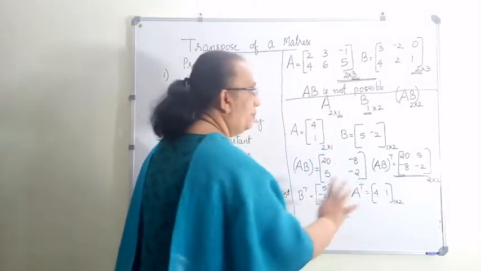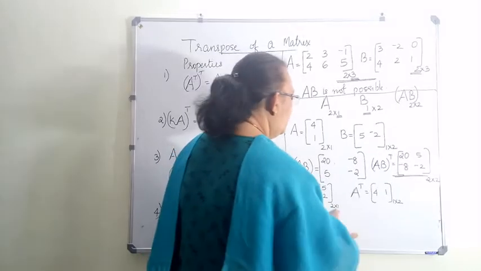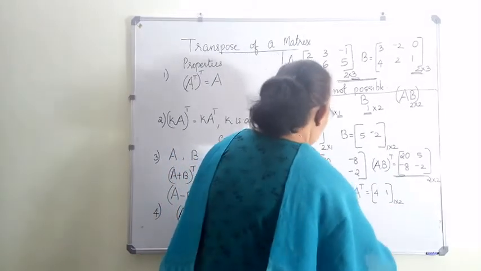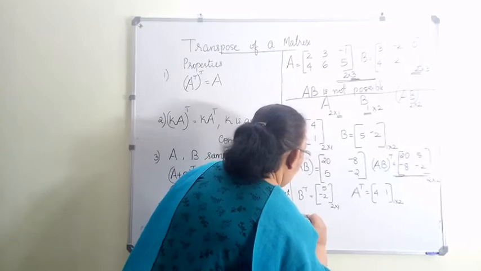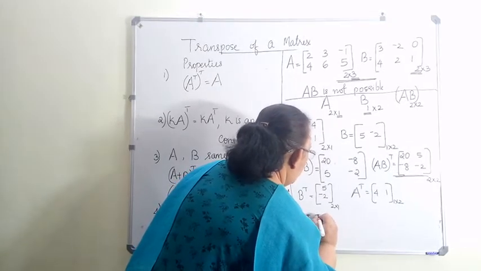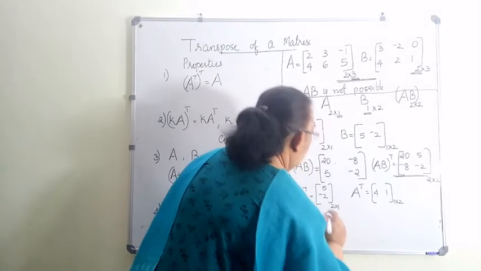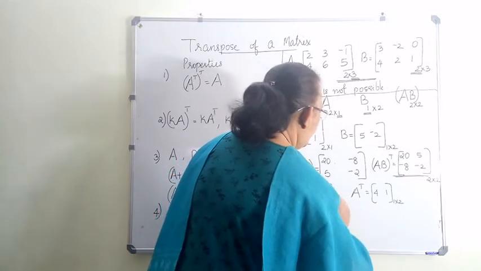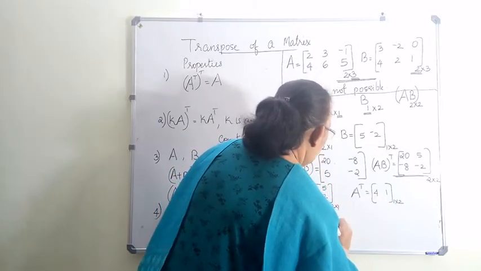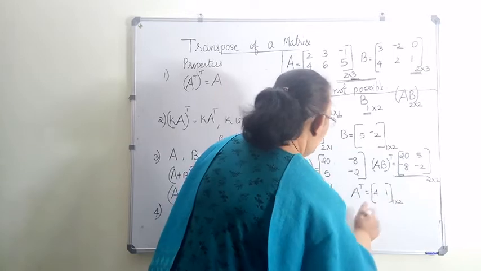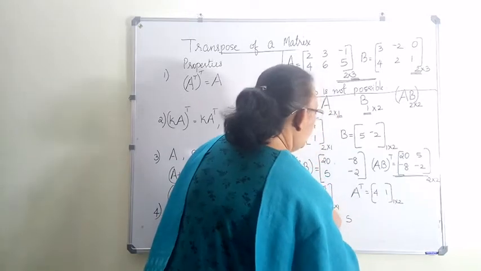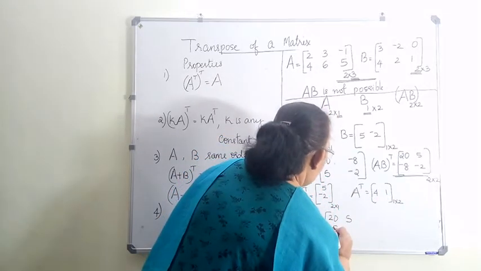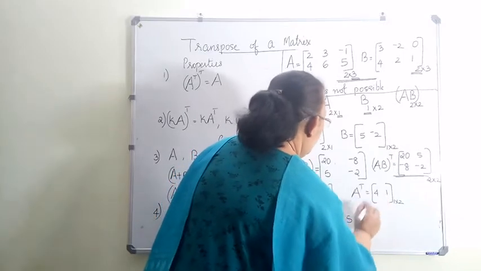Now it is conformable for multiplication. Columns is equal to rows. So B transpose into A transpose: the answer will be 2 by 2. 5 into 4, 20. 5 into 1, 5. Minus 2 into 4, minus 8. Minus 2 into 1, minus 2.